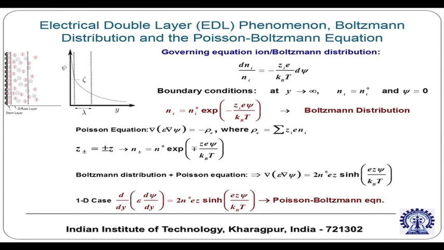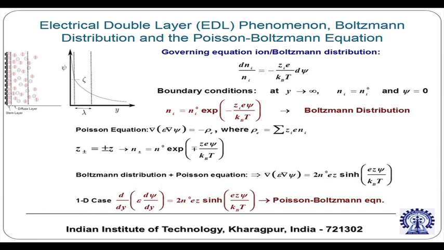So just a quick revisit, these things we have discussed in length in this course, but like if we have a charged surface, then there may be a charged interfacial layer in vicinity of the charged surface, so that the entire system is electrically neutral. This charged interfacial layer is also known as the electrical double layer. This charged layer means the charged surface plus the fluid together is known as the electrical double layer.